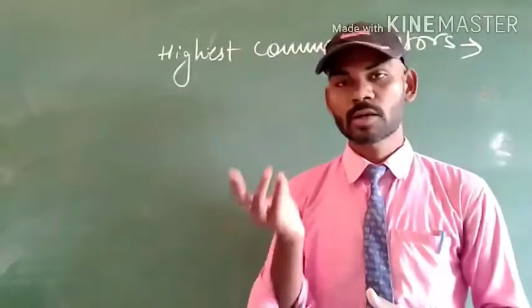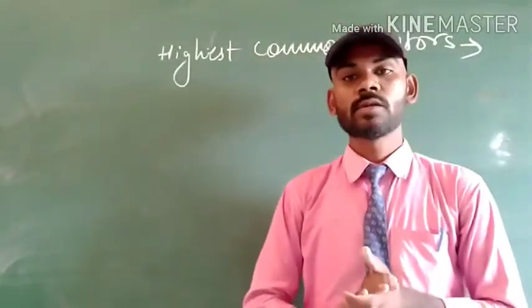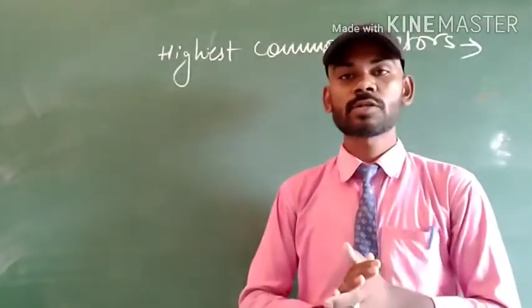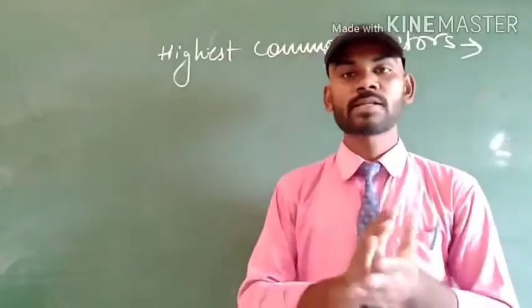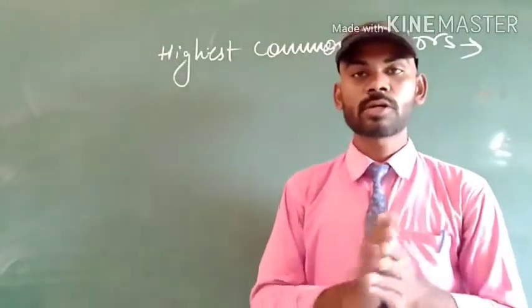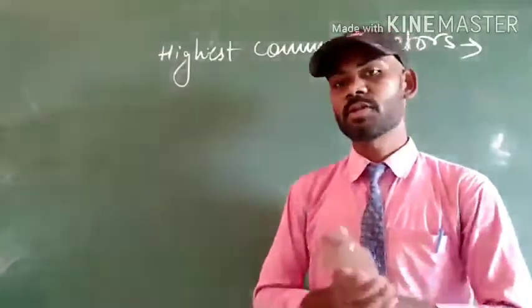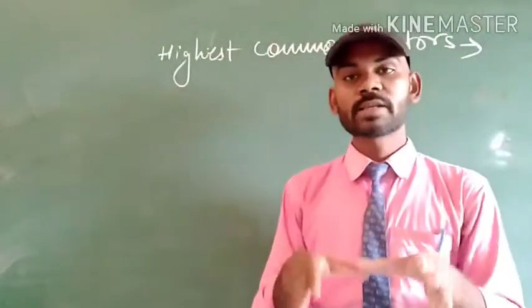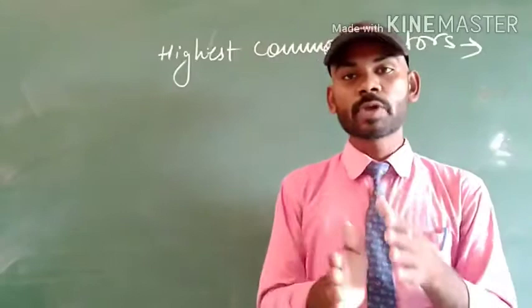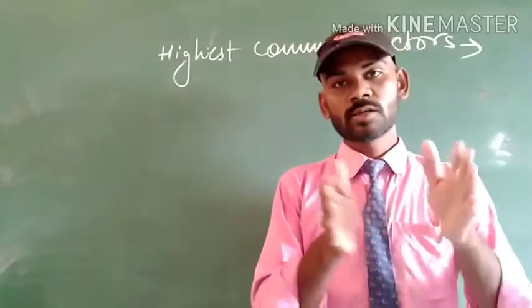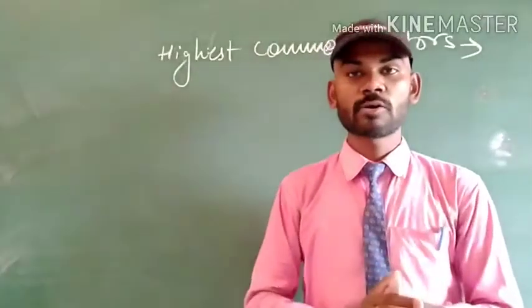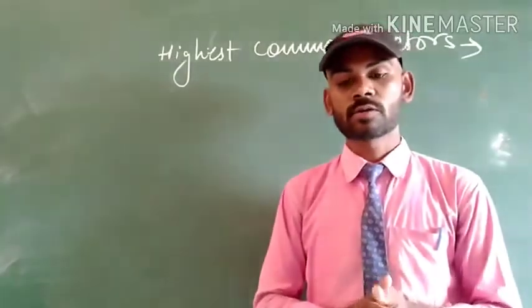The first was writing all possible factors. The second was the prime factorization method, and the third is the actual division method. Today we shall solve some questions based on these methods in order to find the HCF of numbers.